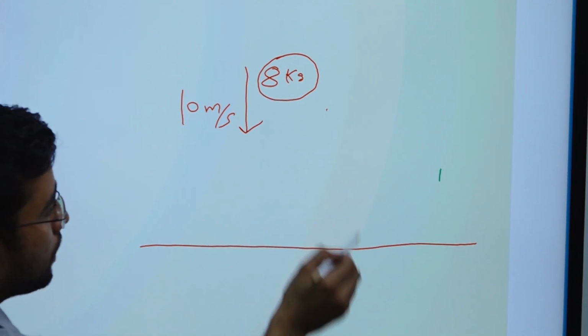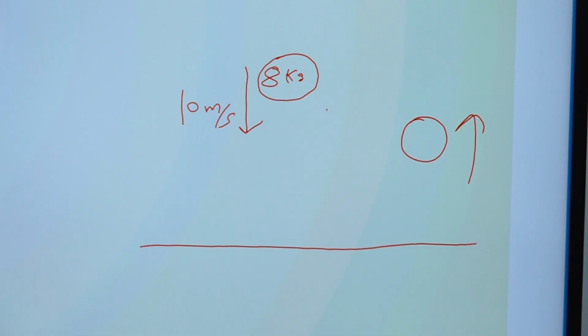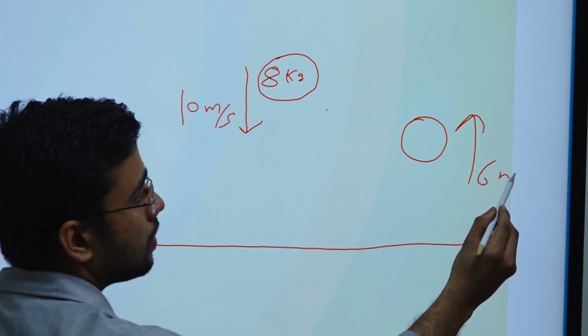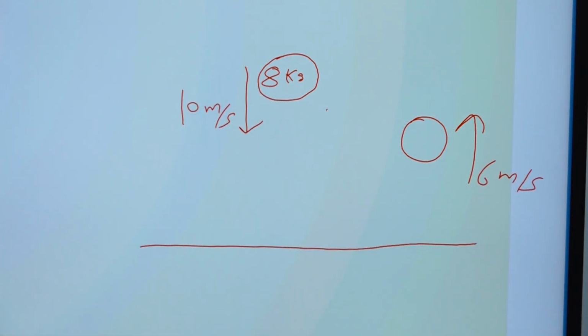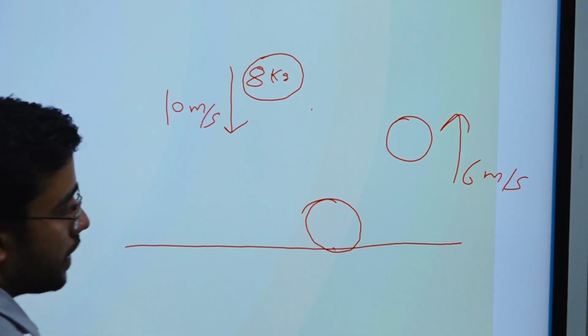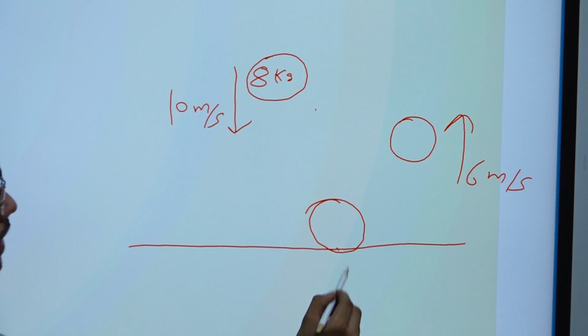After impact it will go up. The mass rebounds with a velocity of 6 meter per second. The mass-plane contact time, when it was at the contact point, it stayed there for 40 millisecond.